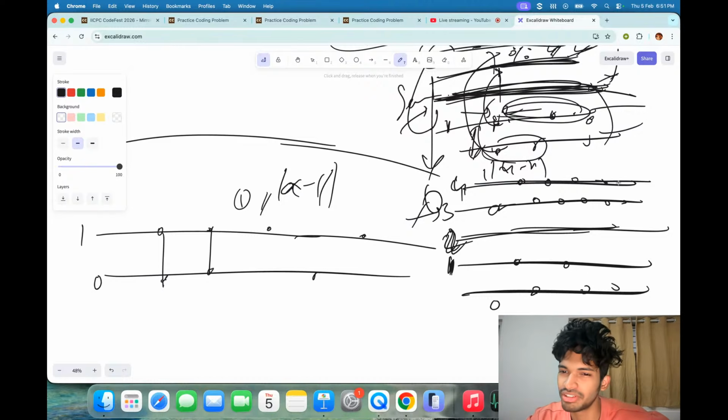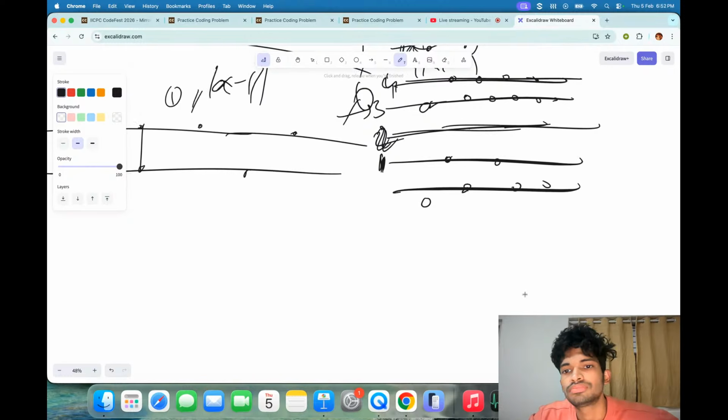If I take remainder with 4, then 4 goes to 0. 3 will remain there. But the gap between them is again odd.